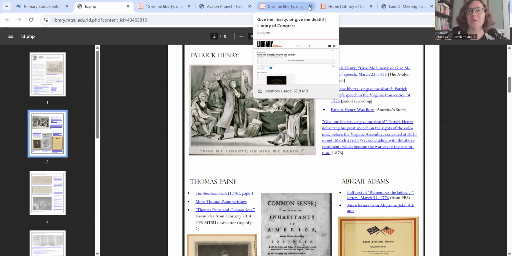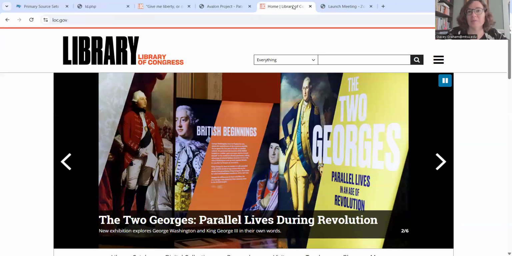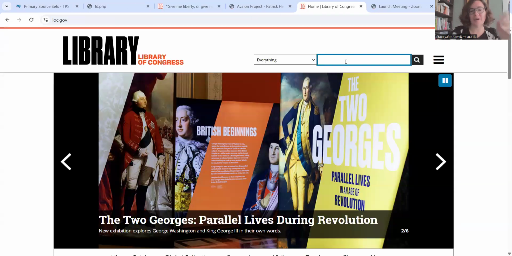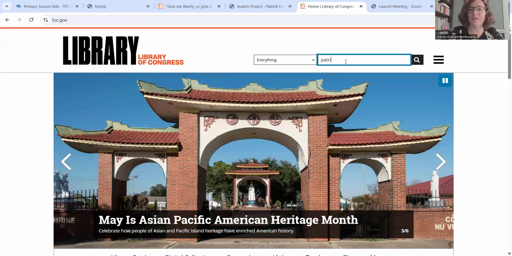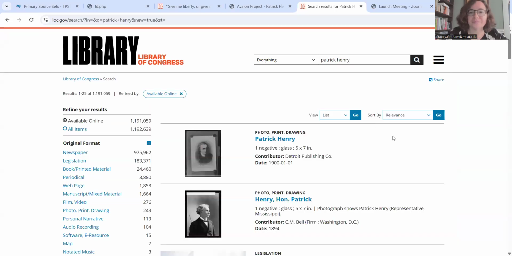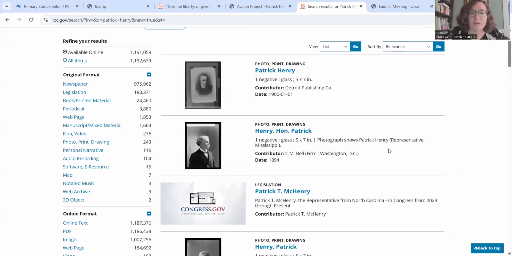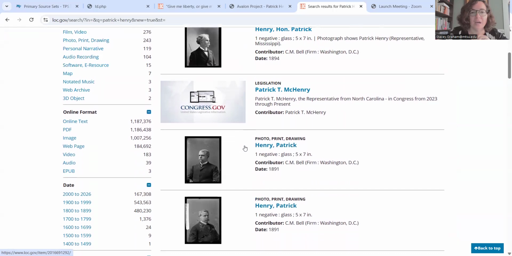So let's say we wanted to go to the Library of Congress homepage and search for Patrick Henry. What would we find there? Well, if you're looking at it in list view, you can see the dates as well as the thumbnails. And just looking at the dates, of course, a lot of these people aren't the Patrick Henry.